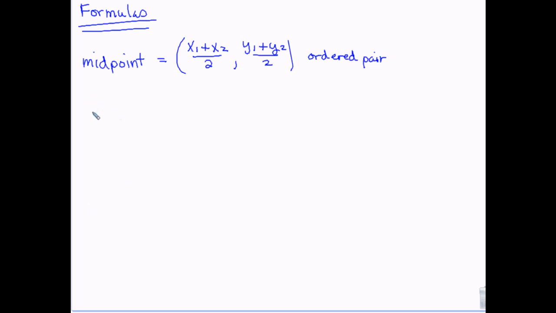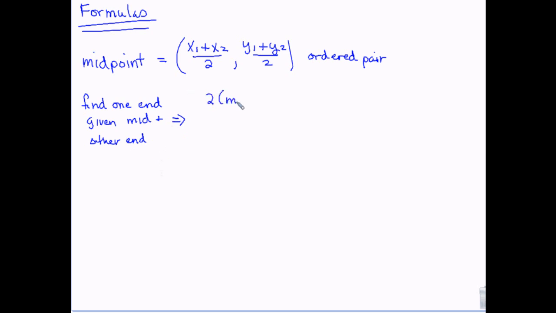Now, if you remember, we had to find an endpoint given the midpoint and the other end. And I gave you kind of a non-algebraic way to do that.